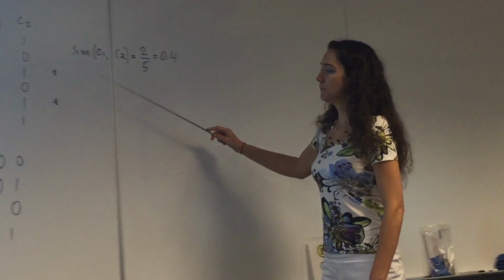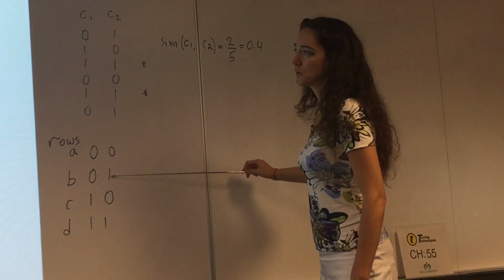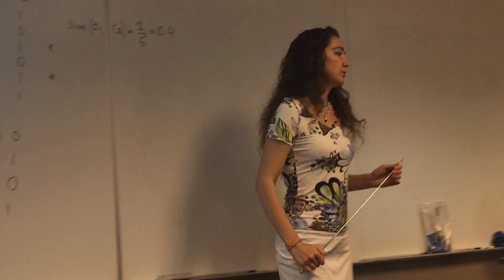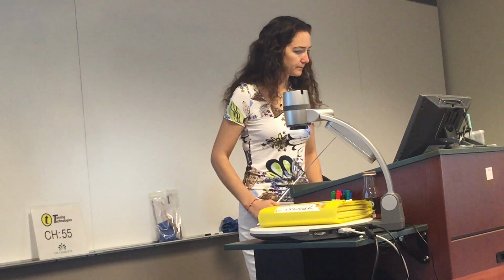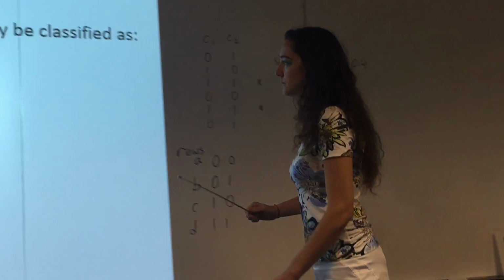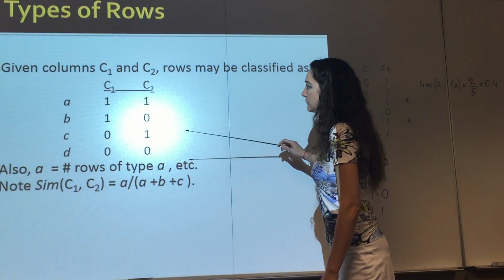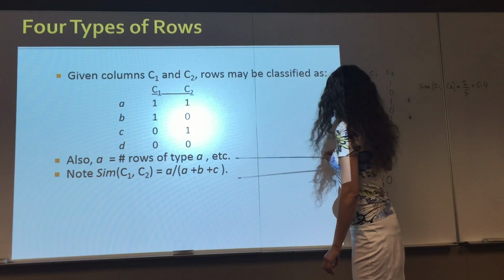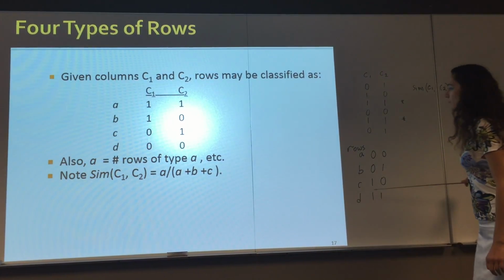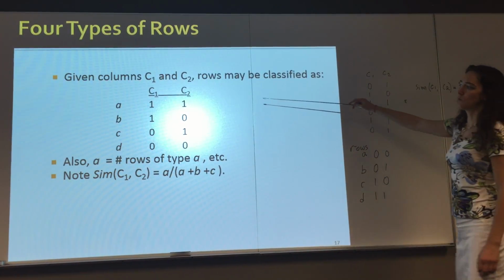If we are to compute similarity based on this type of rows, then in this case I started with 0, but here we started with 1.